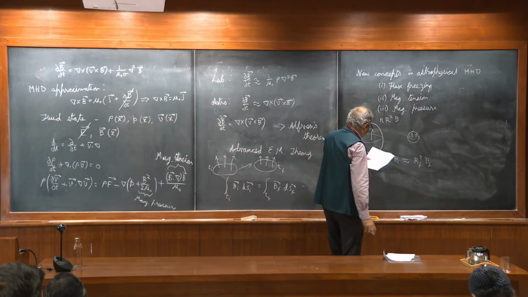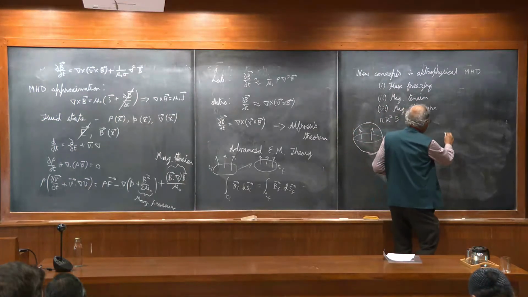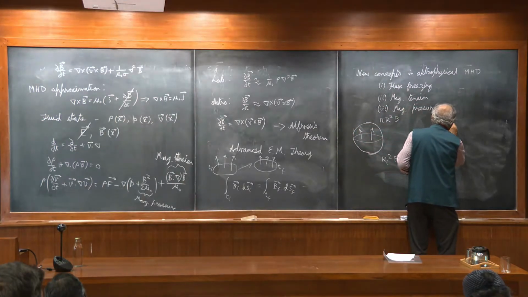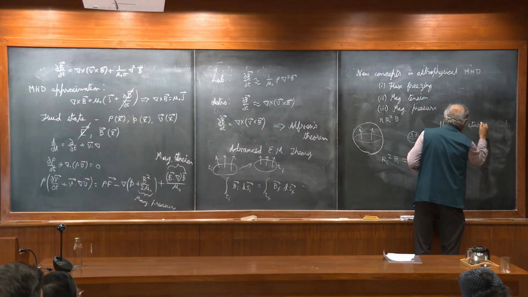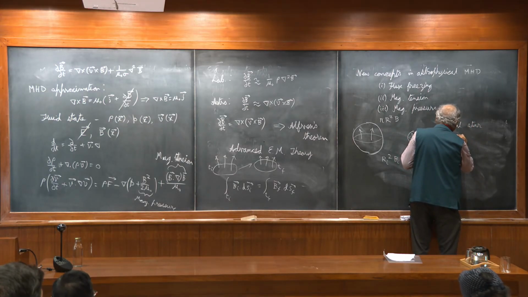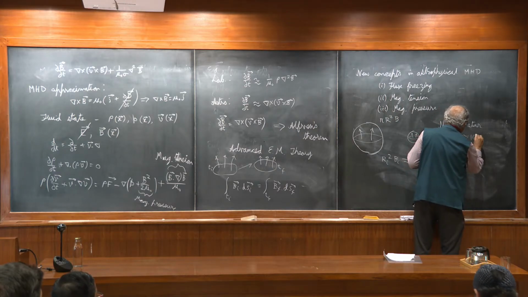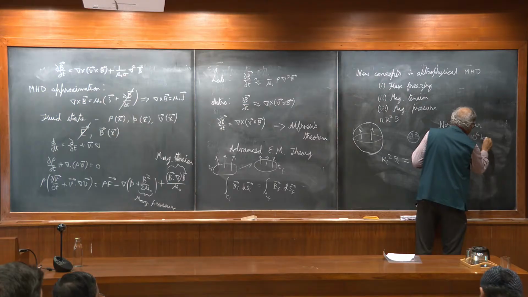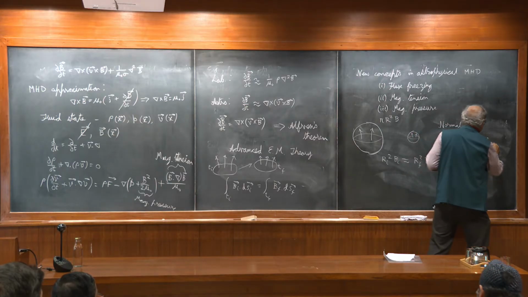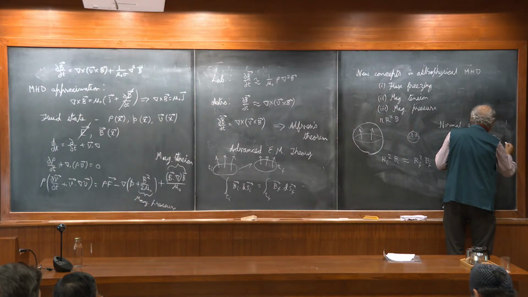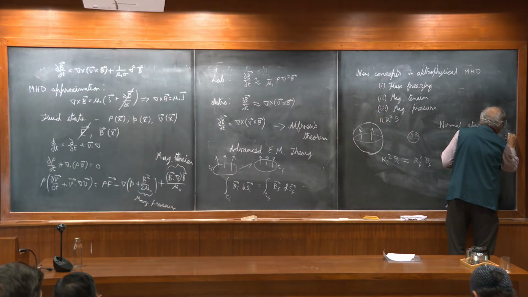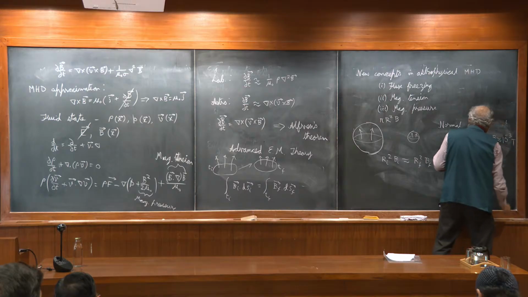Now in the case of a normal star, the typical radius of the sun is of the order of 10 to the power 6 kilometers. It's a little bit less than that, and we pointed out that the magnetic field is of the order of 10 to the power minus 3 Tesla.